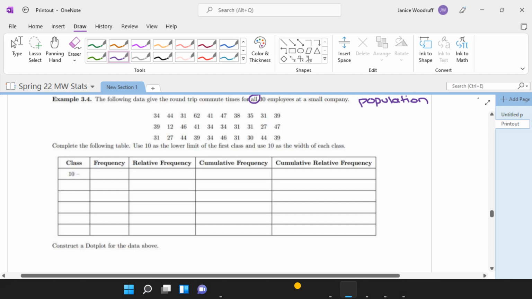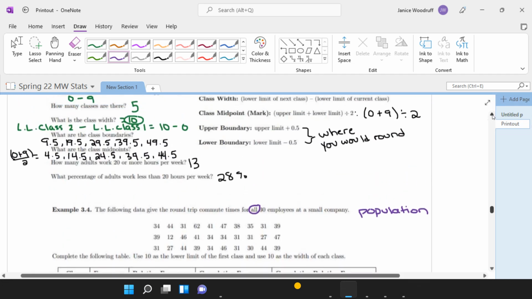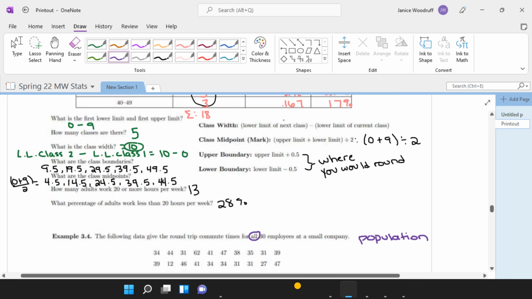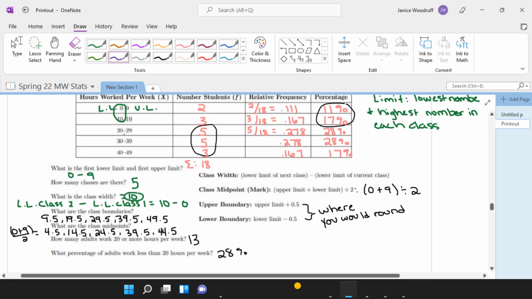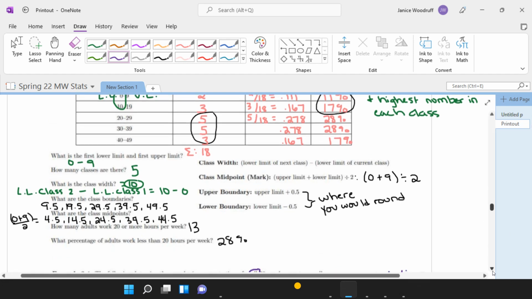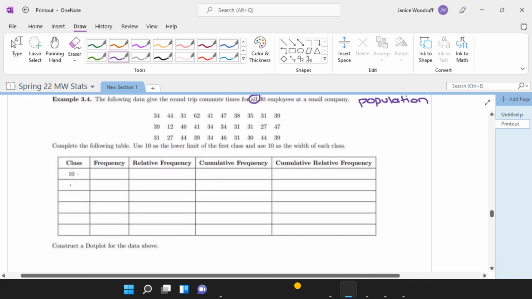So remember, the class width is measured between the lower limits of each class. So that would be from 10, 20, 30, 40, like that. If I'm using 10 as a class width, then the next class would start at 20, 30, 40, 50, and 60.